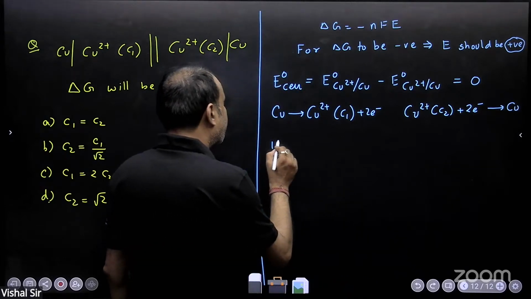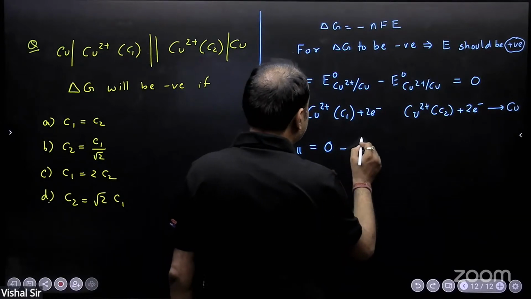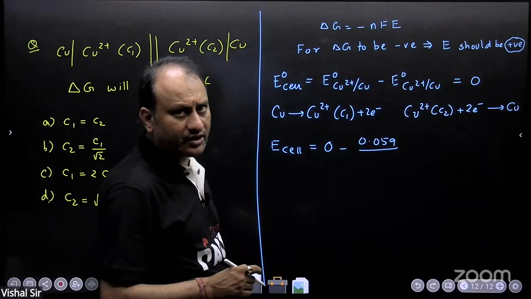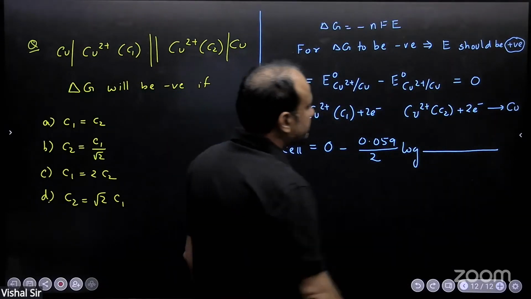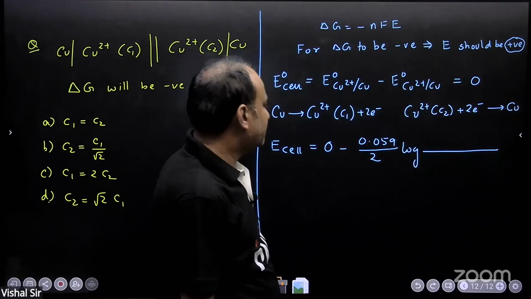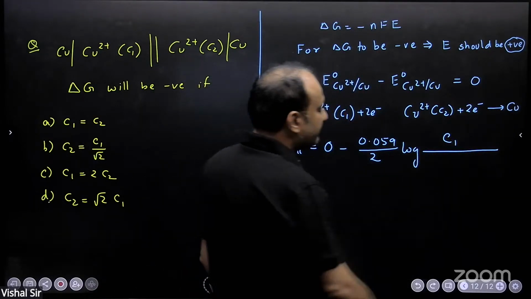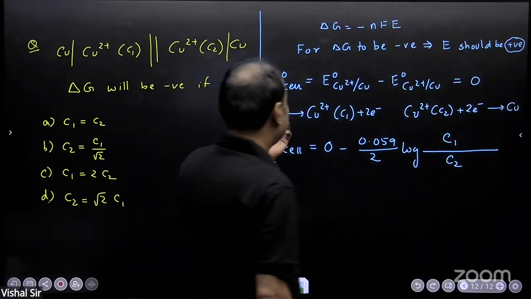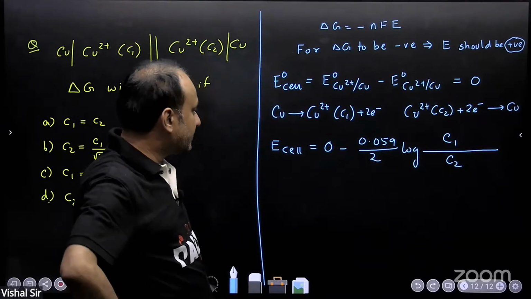So now if I apply Nernst, E cell will be given by 0 minus 0.059 by 2, the n factor of the reaction, log of: here product is solid copper, active mass 1; here product is this copper ion, whose molarity is C1. Reactant side here C2, and here solid.